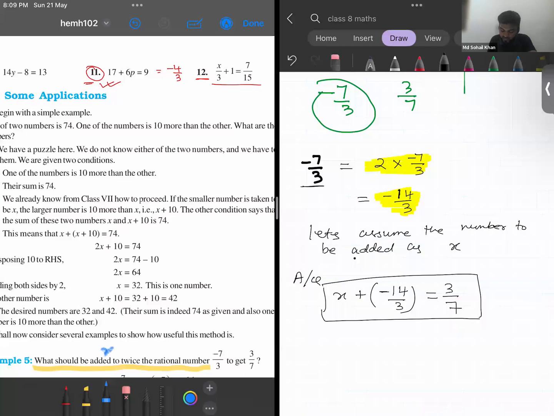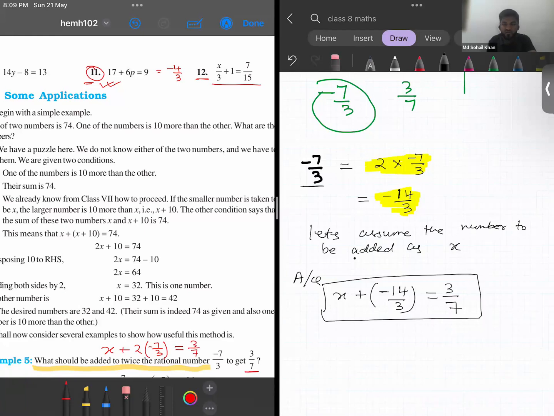So the value to be added, I am saying that it should be x, to what? Twice of rational number minus 7 upon 3, which means 2 multiplied by minus 7 upon 3. So if I add x to twice of minus 7 upon 3, it should give me 3 upon 7.